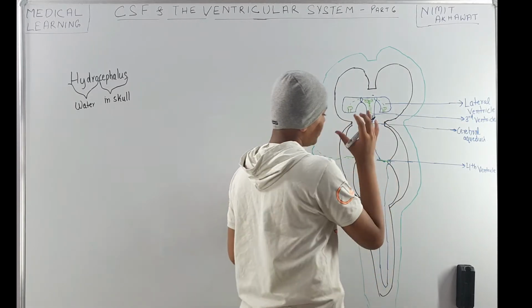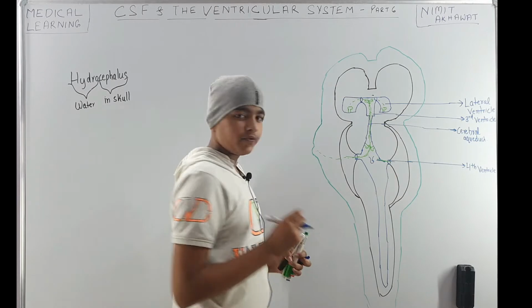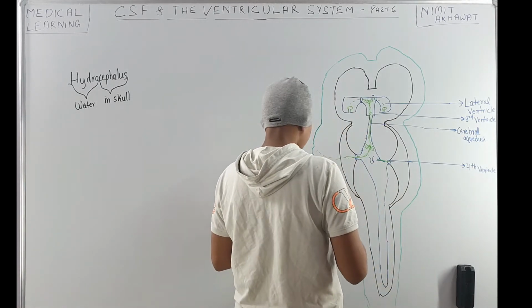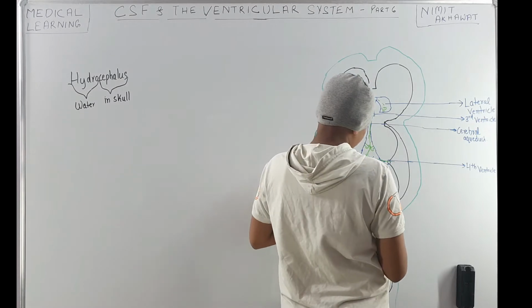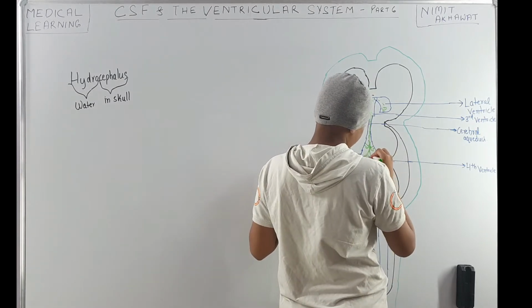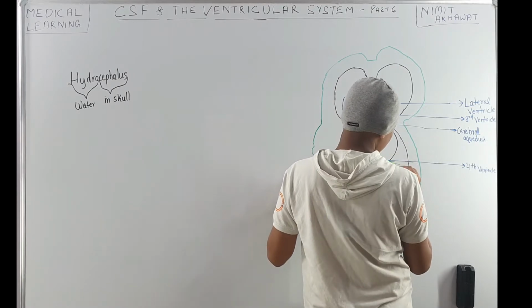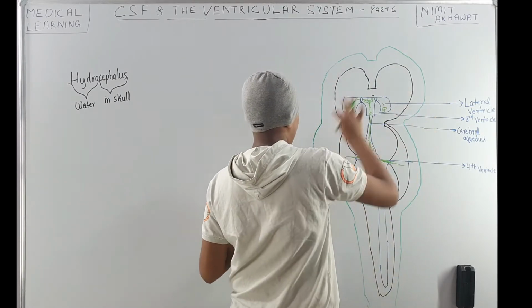The posterior foramen of the fourth ventricle is called the foramen of Magendie. So, cerebrospinal fluid passes through these foramina of Luschka and Magendie and enters the subarachnoid area.